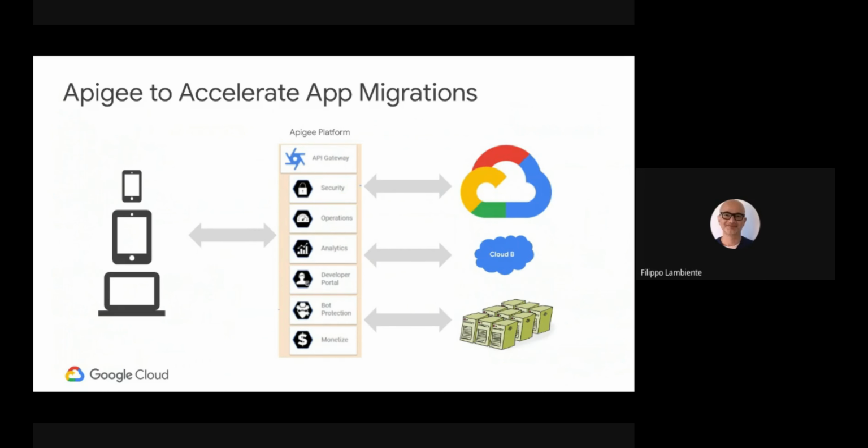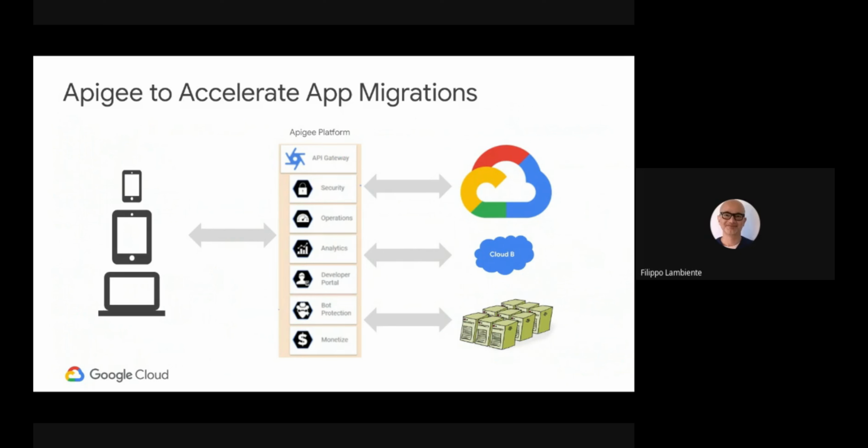An API component like Apigee is used to accelerate this app migration to the cloud, because they can create this abstraction, this intermediation layer between the consumer, the client, and the backend, and they can transparently route the request from the client to the particular backend services.